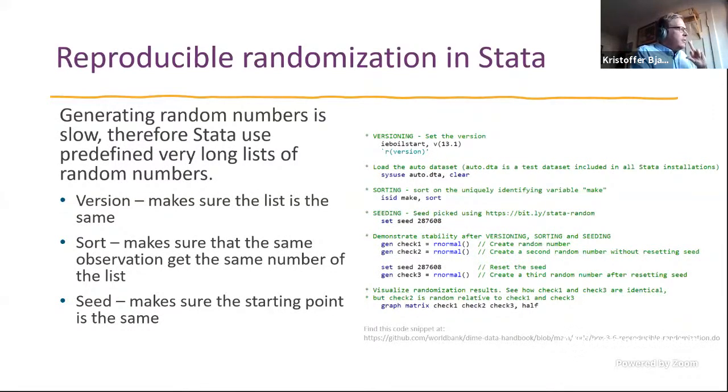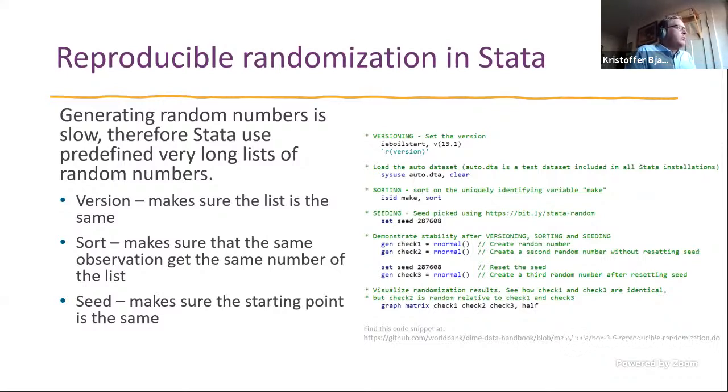In Stata, to make this random process replicable, we need 3 steps. The first is version, because different versions of Stata could have different predefined long lists of random numbers. Stata has statisticians that analyze this list, and if they see some non-random pattern in it, the next version will be updated to remove that pattern.